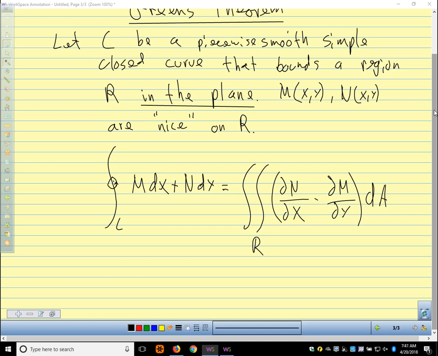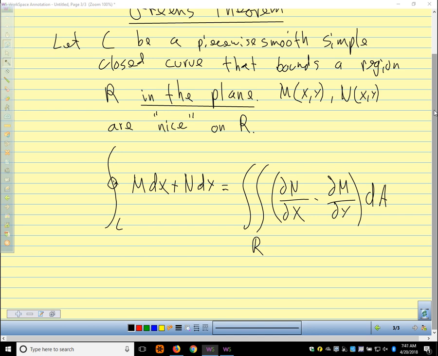So Green's theorem can help you in 2 ways. It can help you evaluate a line integral by making it a double integral. It can also help you find the area of a region by turning it into a line integral. And I'll talk more about this on Monday, you can come up with a formula for the area of a polygon in the plane using Green's theorem, having to know only the coordinates of its vertices.